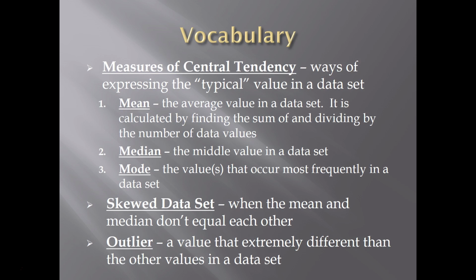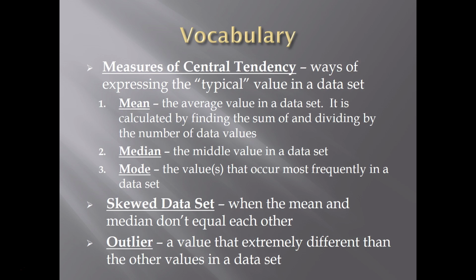Some teachers in elementary school teach it to you originally as the average, and then somewhere along the way you heard that there's another word for average, and it's mean. So those are two synonymous terms. Mean and average mean the same thing.